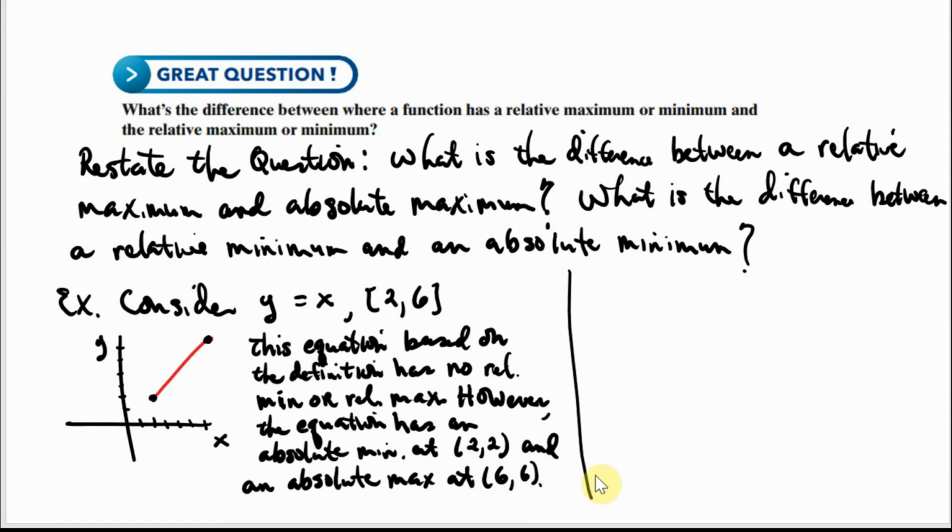That's the difference between the so-called relative extrema. Again, the word extrema means maximum or minimum, and also the difference between relative extrema with respect to absolute extrema. Now look at this example, and then I'll move on.